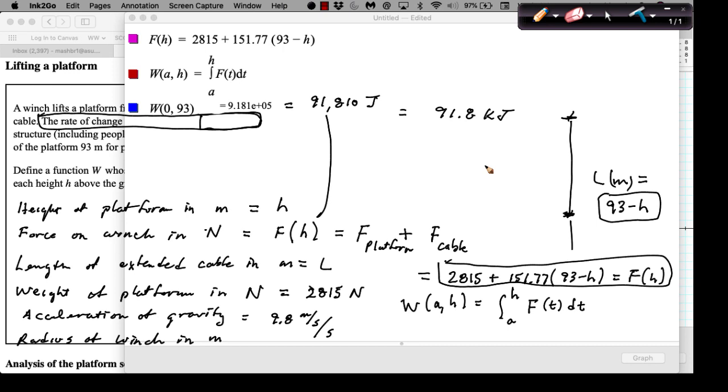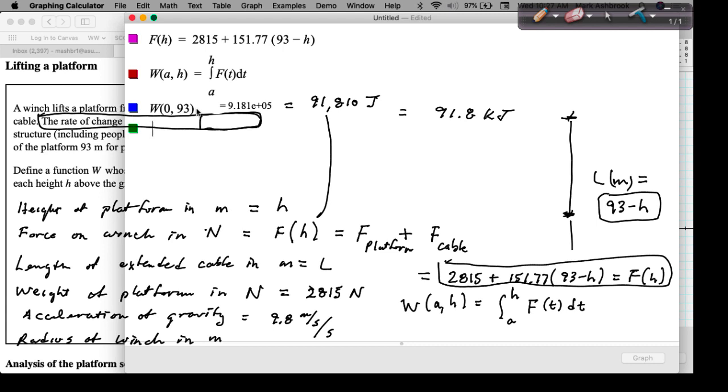Okay, so the work that it does for the last half, from the halfway point up to the top, is it half the amount of work of the total? Is it going to be less? If it's not half, is it less or more than half? Why less? Less cable, right? So in the second half, the force on the winch is less because there is less cable that whole way.